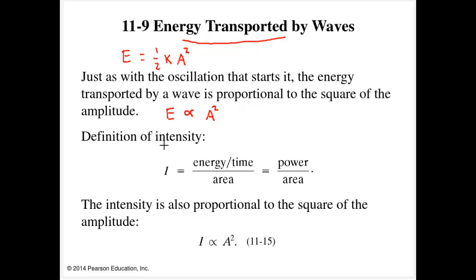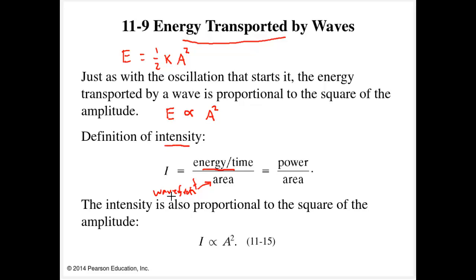Turns out that it's actually more useful to talk about intensity because we have these waves, they're carrying energy and they're arriving over a certain time interval. So if we define the energy per unit time, and also we have to consider the area of the wavefront. So how large is the wave that is coming at us?